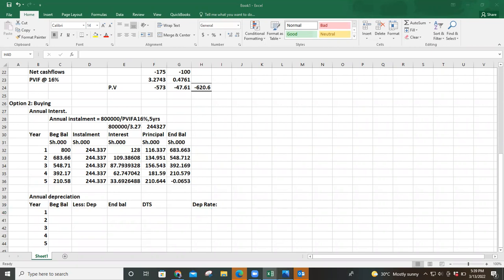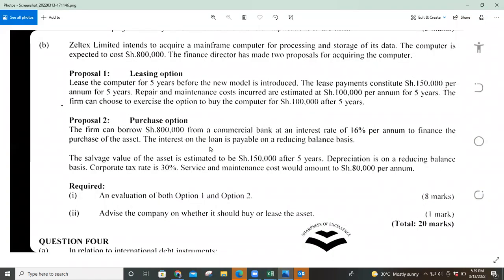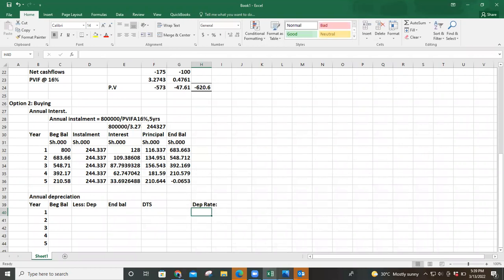The cost is 800,000, and the salvage value of the asset is 150,000. So the 150,000, which will be the value at the end of 5 years, equals 800,000 times 1 minus the depreciation rate, raised to power 5.